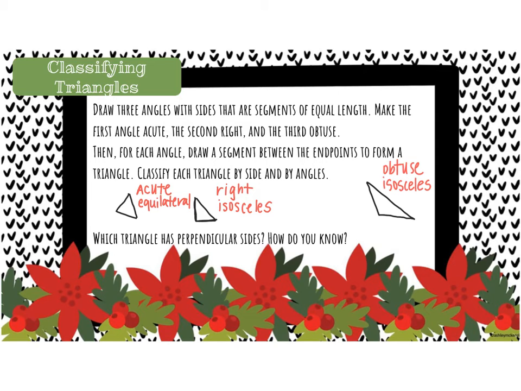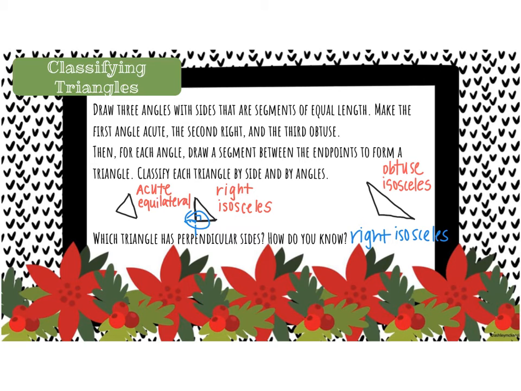The right one, because right here, if I were to extend out these lines like this, they're going to make perpendicular lines. It forms a right angle there where the lines cross. Okay, so the right isosceles is our answer for that one. How do we know? Because of the perfect square in the corner of it.